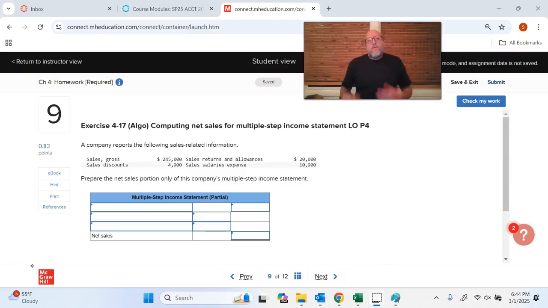And so net sales is really just gross sales minus sales discounts, sales returns, right? Sales salary expense, that's going to go way down in the operating expenses, probably sales and marketing operating expenses. So that wouldn't be included in this question. It's a trick.